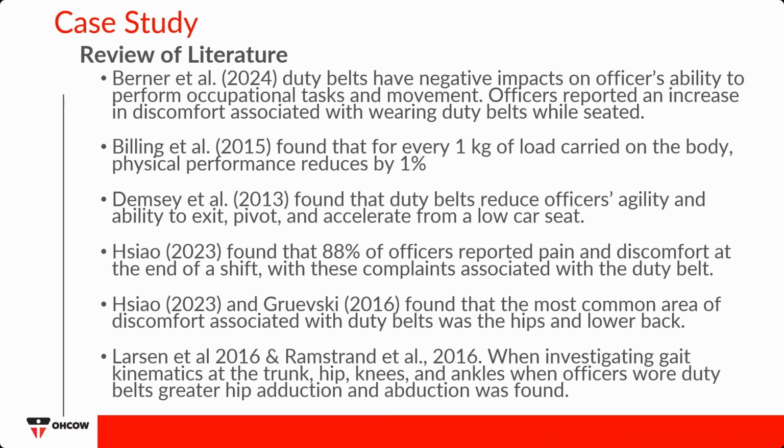Another study found that the most common areas of discomfort associated with wearing duty belts were the hips and the lower back. And Larson and Ramstrom, who investigated gait kinematics at the trunk, hip, knees, and ankles when officers wore duty belts, found that there was greater hip abduction and adduction when the duty belt was worn.